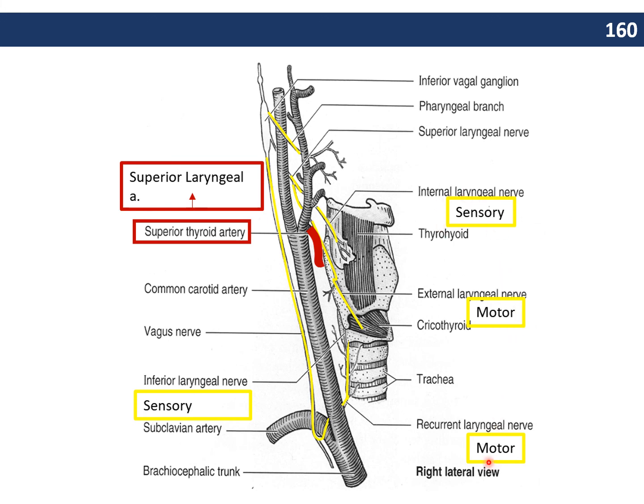And again, I'm just highlighting for you that these are sensory, inferior laryngeal sensory below the vocal folds. Usually the innervation of the intrinsic muscles of the larynx could be attributed to the inferior laryngeal nerve or the recurrent laryngeal nerve.